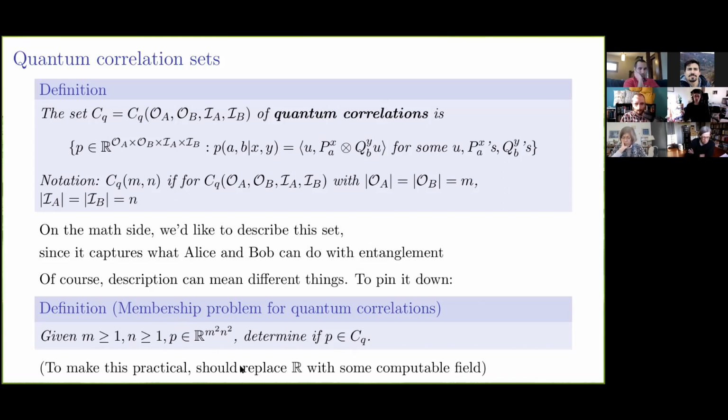By the way, to make this practical, we can't really talk about all elements of R in a computer program. So we should actually replace R with some computable field when we pose this membership problem. It could be Q, or the two fields I'm going to talk about are Q and Q adjoin roots of unity.